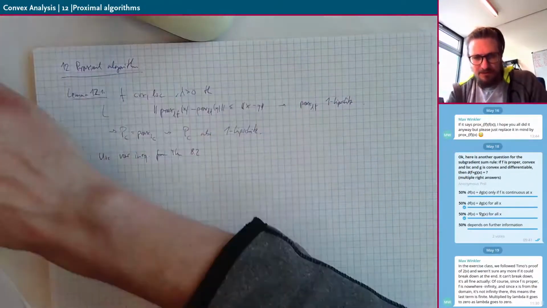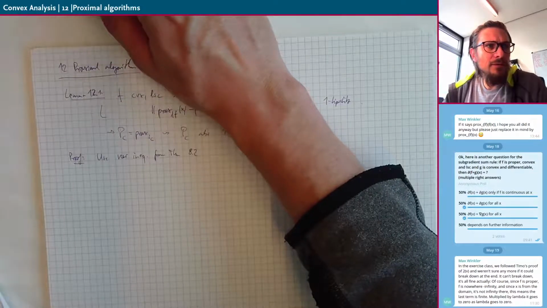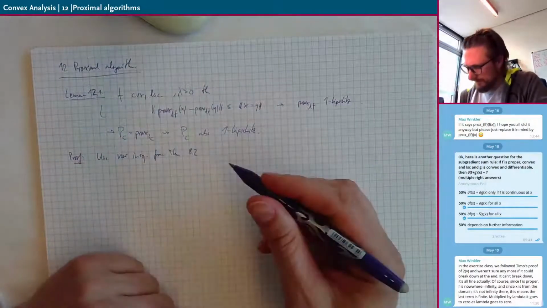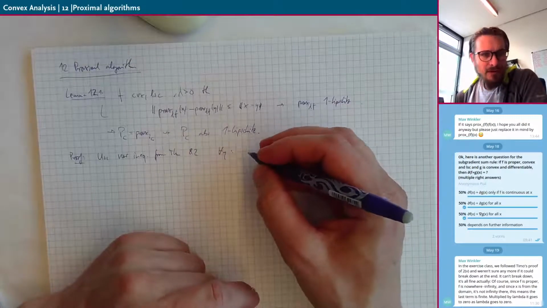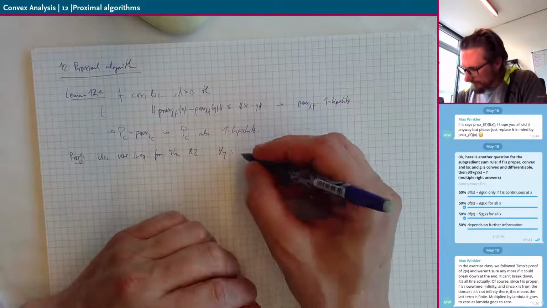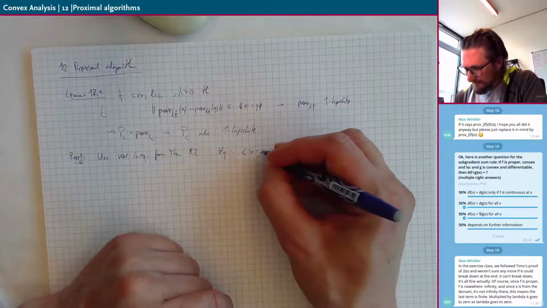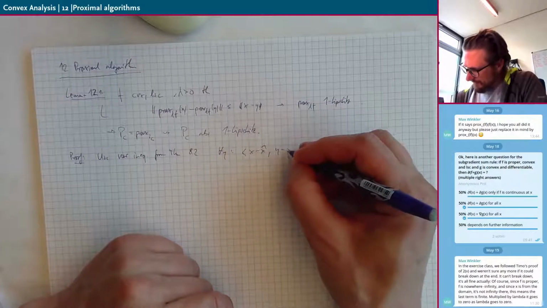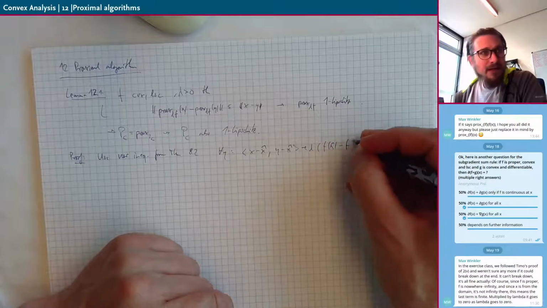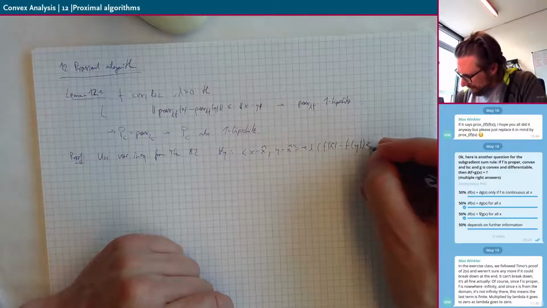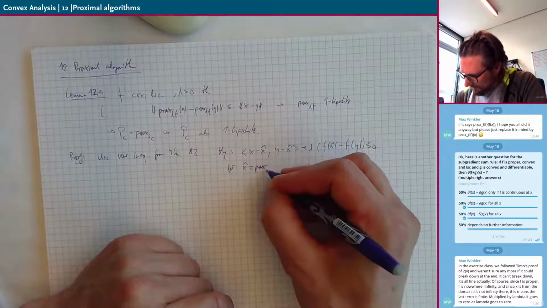It says that for all y, we have that (x minus x hat) times (y minus x hat) plus lambda times (f of x hat minus f of y) is non-positive, if x hat is the prox of x.